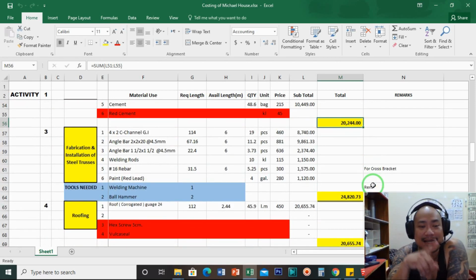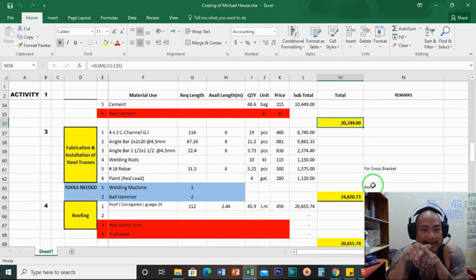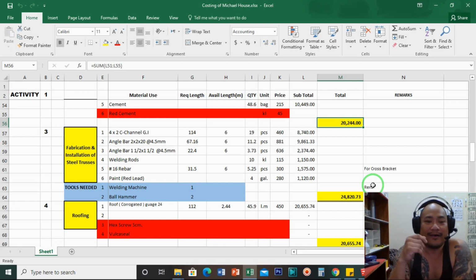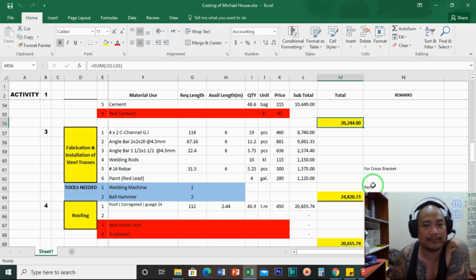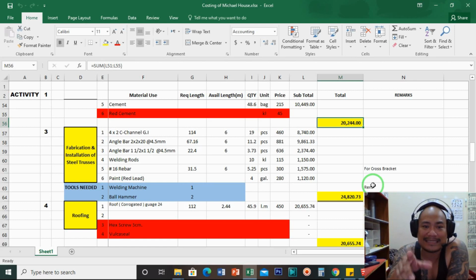So, our next activity is fabrication and installation of steel trusses. The materials we need for this activity are 4x2 C channel, that is GI. Second material is angle bar 2x2 by 20 at 4.5 mm. I'm mistaken, that is for 4.5 mm, not 6 mm.